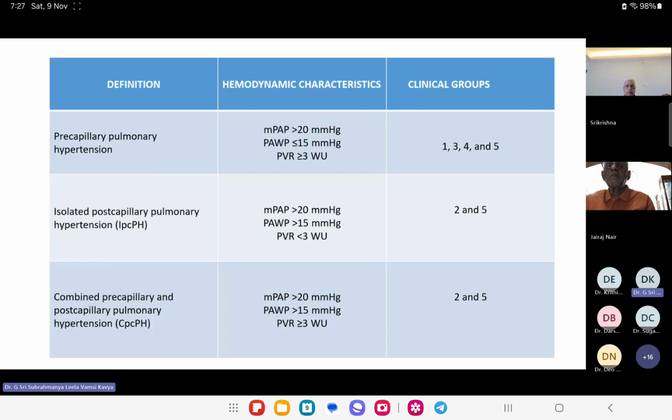Isolated post-capillary pulmonary hypertension has mean pulmonary artery pressures more than 20 mmHg, wedge pressures more than 15 mmHg, and pulmonary vascular resistance less than 3 Wood units, and it includes clinical groups 2 and 5. And combined has a mean pulmonary artery pressure of greater than 20 mmHg, wedge pressures more than 15 mmHg, and pulmonary vascular resistance greater than or equal to 3 Wood units. And it includes clinical groups 2 and 5.